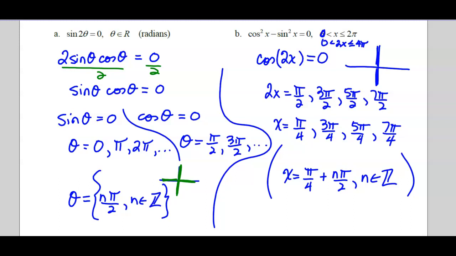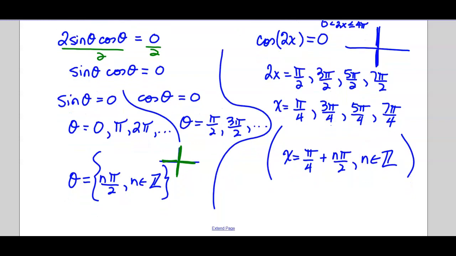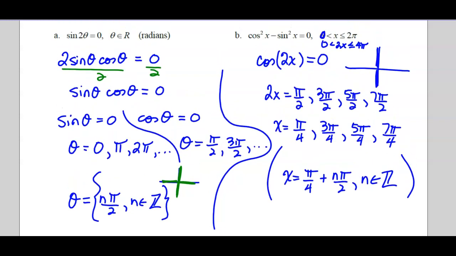Didn't ask you for that, but it's good to practice. That makes sense because if the value is 2 and the period is 1/2, you get 2 cycles, then 4 in 0 to 2 pi.